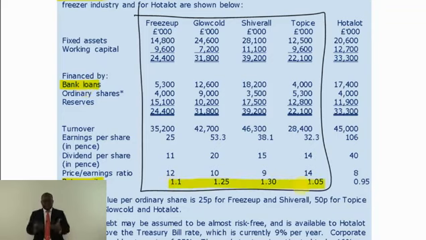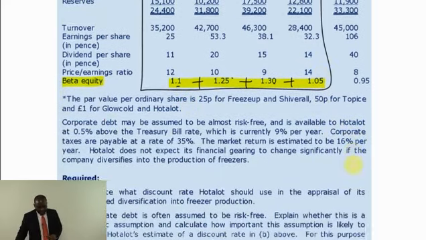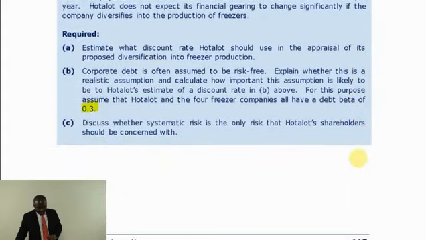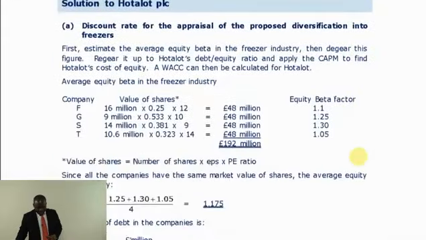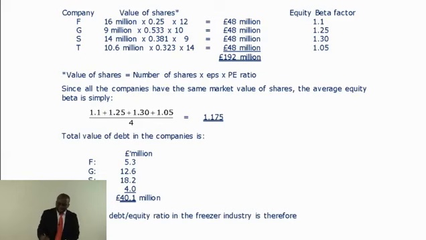If they are geared, we want the average. So we're going to say this plus that plus that plus that, divided by 1, 2, 3, 4. That gives us the average. So if you go down there, you see its trend. So the average beta is this, which is 1.175.